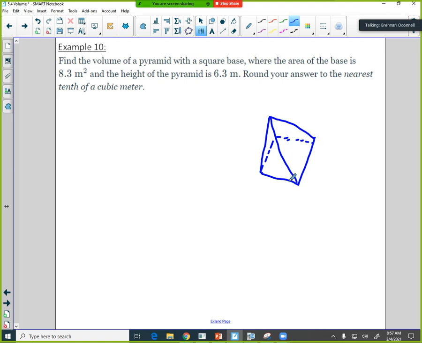Not very well, but that's okay. There's our pyramid. The area of the base, so the area of the square, is 8.3 square meters, and then the height down is 6.3 meters.